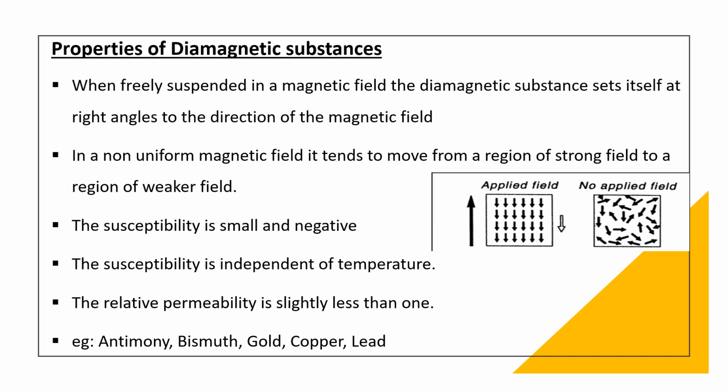The permeability means the ability of a medium to permit the passage of magnetic lines of force. And the relative permeability is slightly less than 1 in the case of diamagnetic substances. And the examples of diamagnetic substances are antimony, bismuth, gold, copper, and lead.